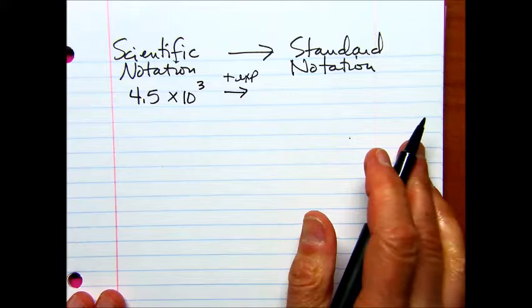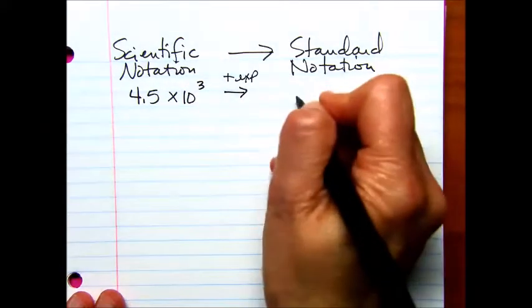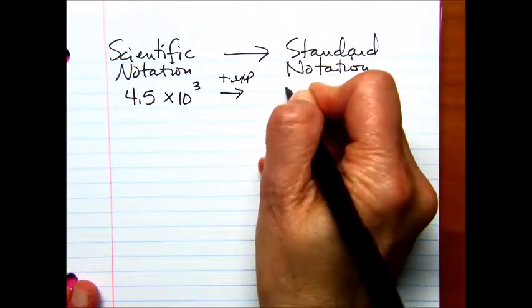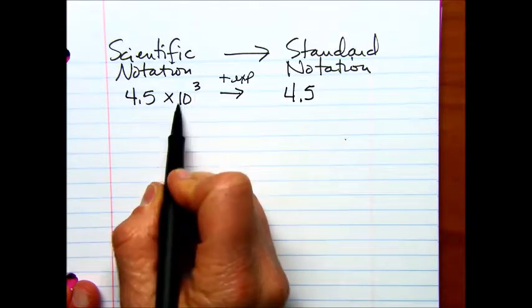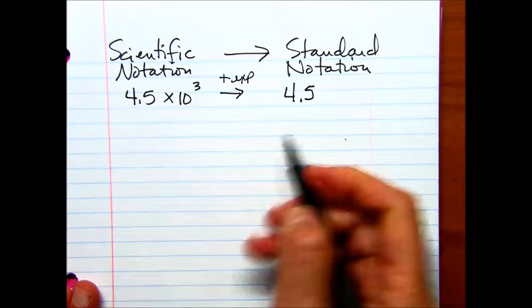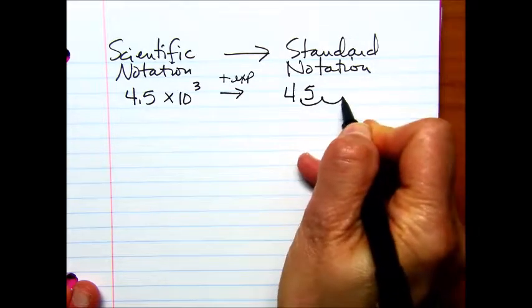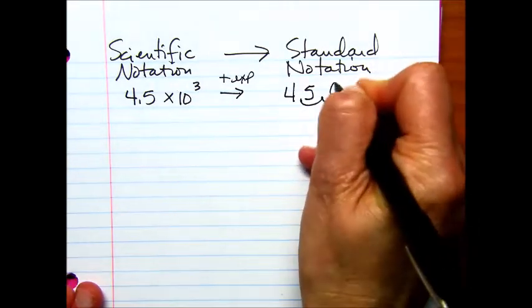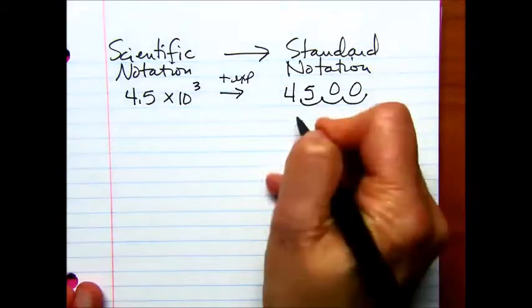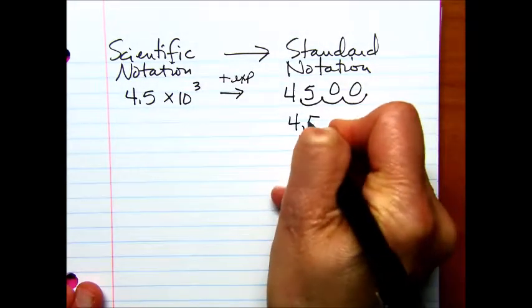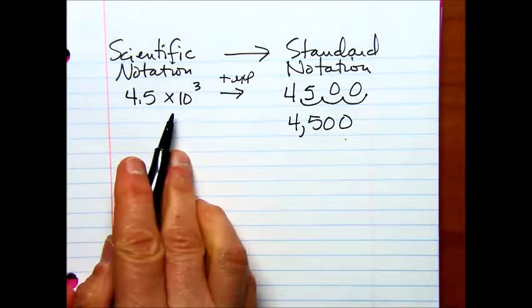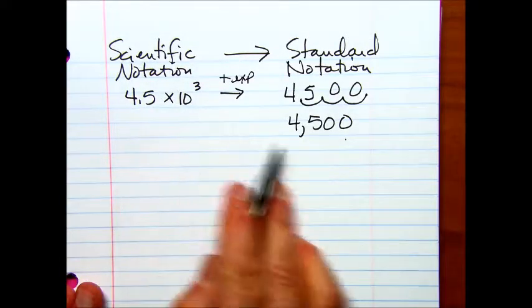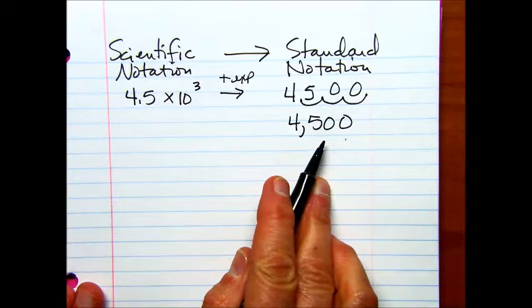We're making the number bigger. So if I write it over here, we're going to go 4.5, and I'm going to move it to the right, because really we're multiplying by 1,000. We're going to go 1, 2, 3. I'm just going to add in some zeros. So my answer here is 4,500. So 4.5 times 10 to the third power equals 4,500.